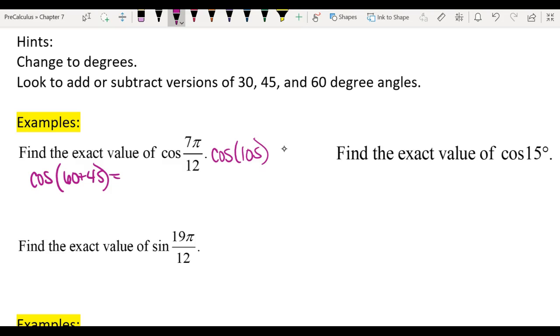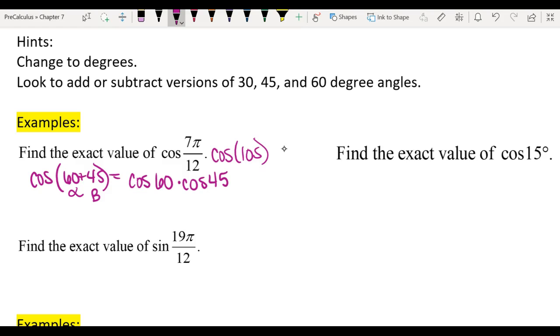So now that I know that I have cosine and addition, I'm going to go above to my formula and use the cosine addition formula to solve this. The cosine addition formula, and I'm doing this off of memory, is the cosine of 60 times the cosine of 45, because this is my alpha and this is my beta.